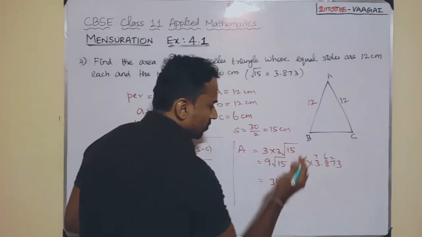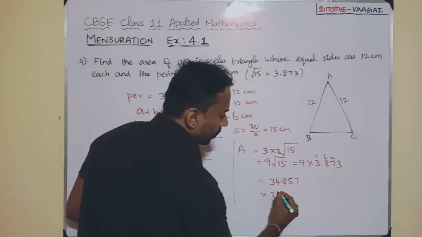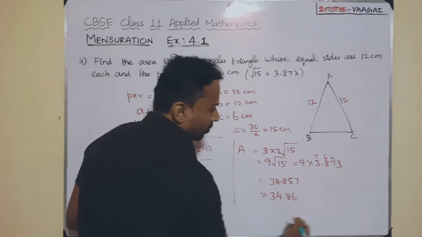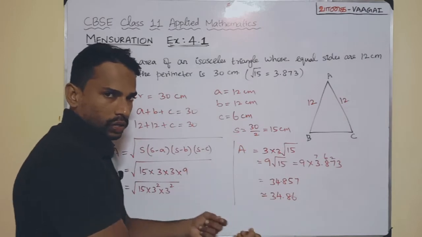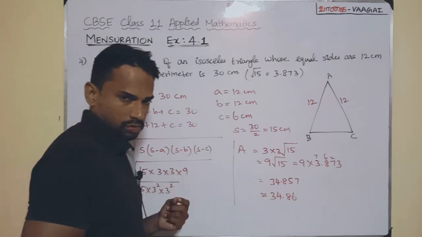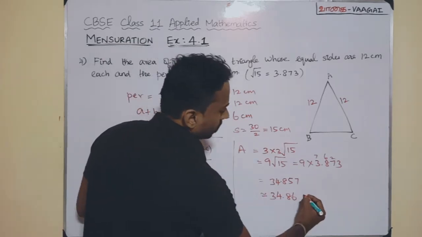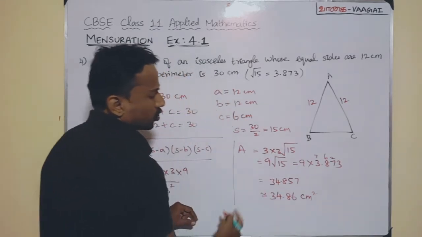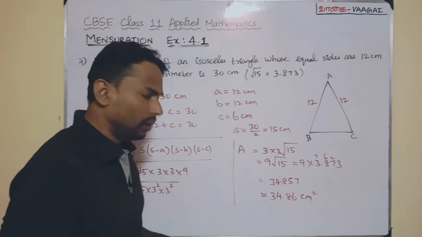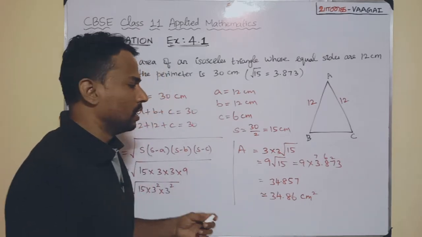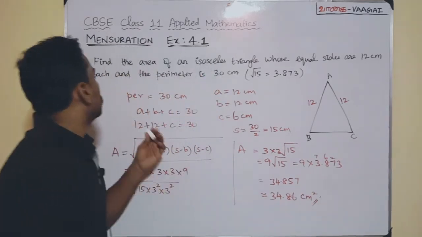So 857. Okay, and when you round it off, we can round it to 34.86, rounding to the nearest two decimals, so just 2 digits, so 34.86 centimeters square, because we are finding the area, right? So area will be equal to 34.86 centimeters square, which is going to be the answer for your question number 4.